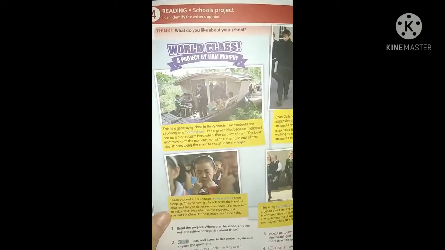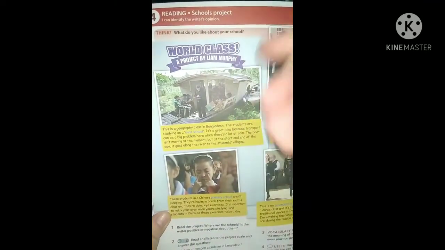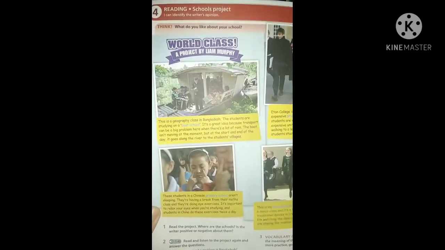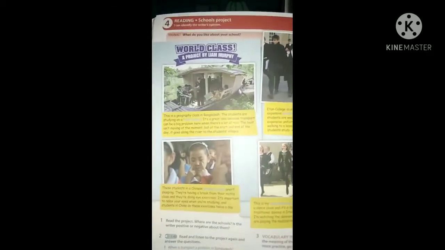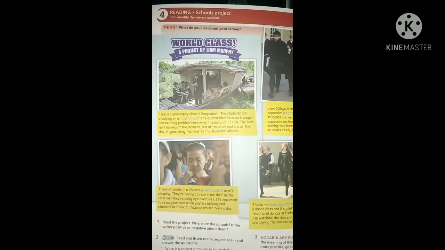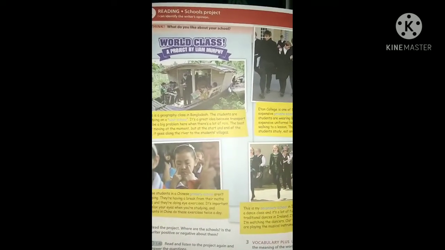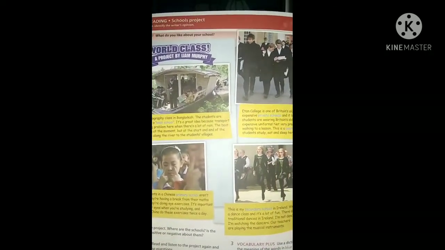That's the reading school project. There are 4 pictures here and the information given. You can read the passage in each picture, understand, and then after that you can answer these questions, question 1 until 5.